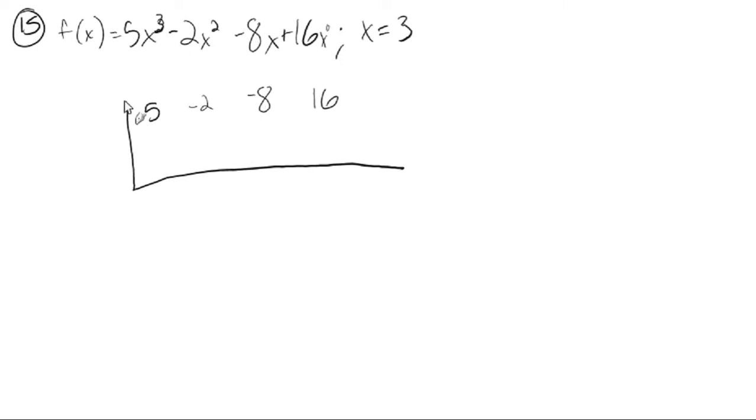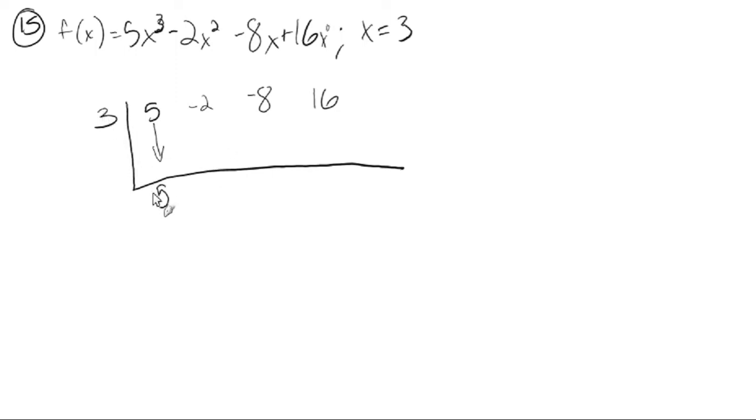Next, we put whatever we want to plug into the function, the 3 that we're going to plug in, right there. Okay, and that's going to be the same setup. Actually, there's one more step that's going to be the same. We're always going to bring down this first coefficient outside of the L bracket. So that's the same every time. You set this up exactly that same way. So the next thing that you do is multiply 3 times 5, and then put the result up here.